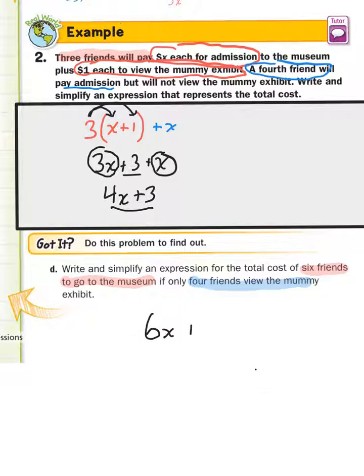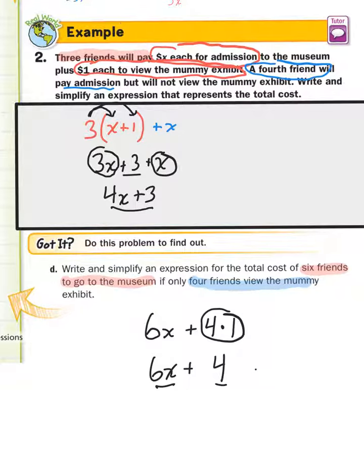So that's plus 4 times 1. Okay. Now, the only thing I could do is 4 times 1 I know is 4, plus 6X. And I can't combine those because this is an X term. This is just a regular number term. So this is my expression simplified.